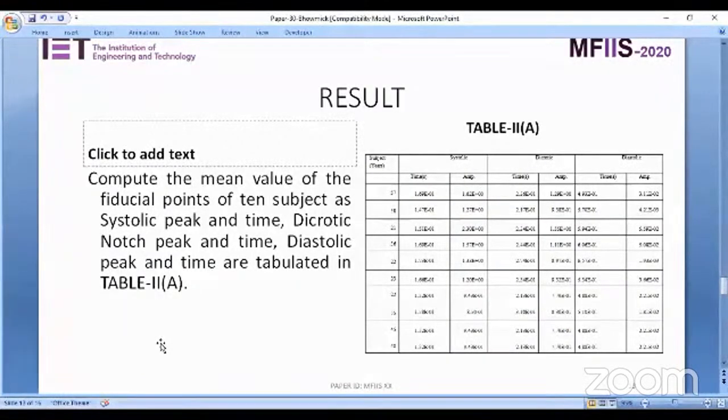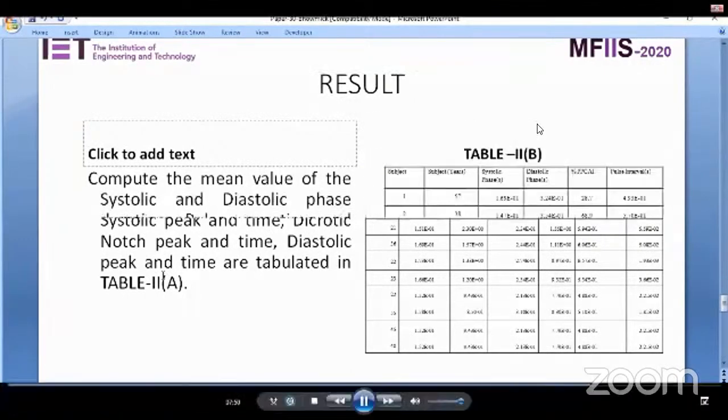Determine mean value of systolic peak, dichotic notch, and diastolic peak from the subjects of different age groups tabulated in table number 2A. In this table, a total of 10 subjects are present from different ages.